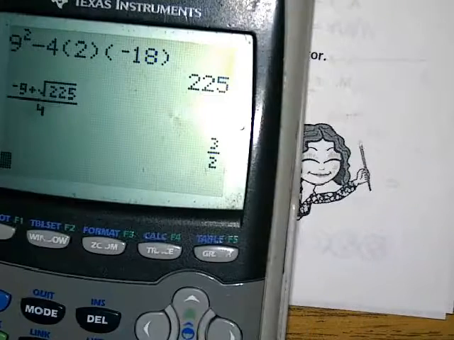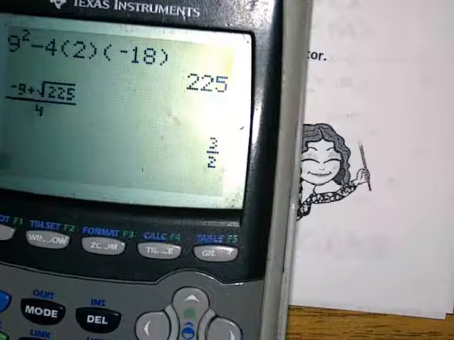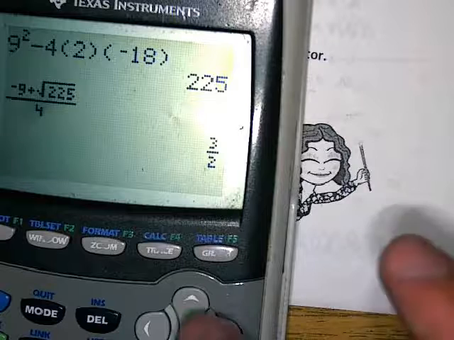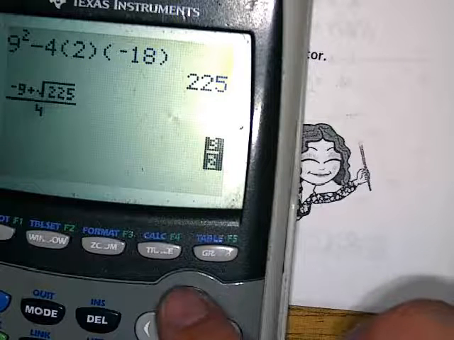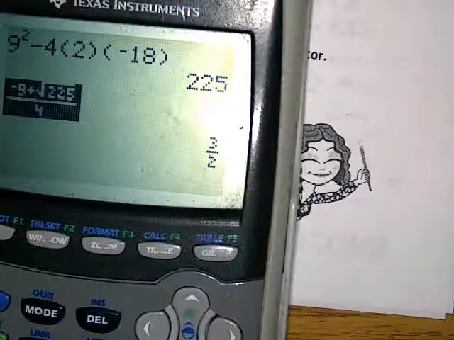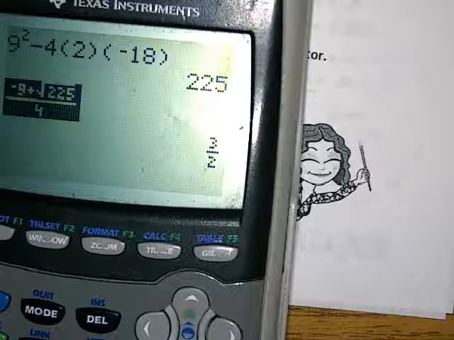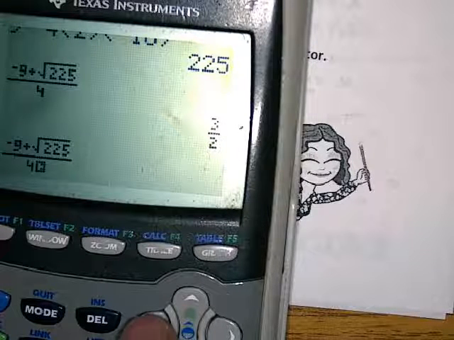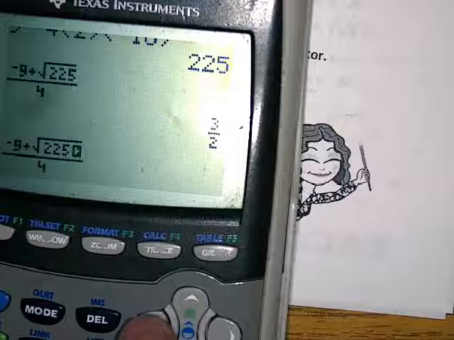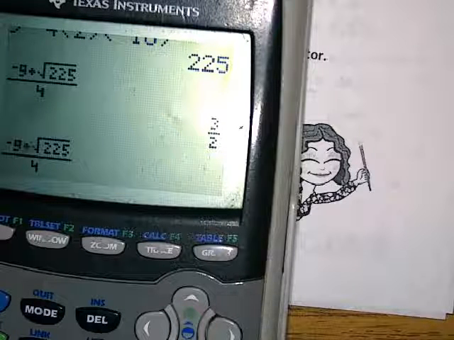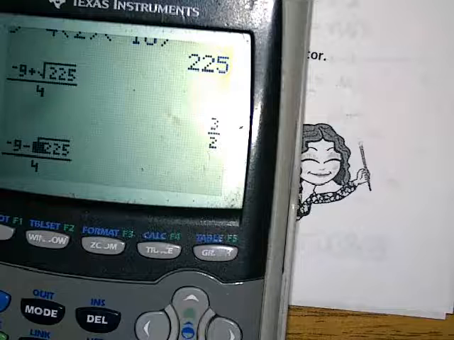So we get 3/2. And then when we want to type it again, we don't have to actually type it. We can do the up arrow and grab that answer or that problem right there, go up and highlight it. And if you press enter, it copy pastes it for you. And you can go back. I'm hitting the back arrow. I can go back and highlight that plus sign and just switch it to a minus sign and press enter again.